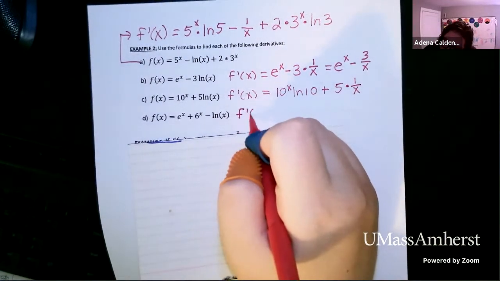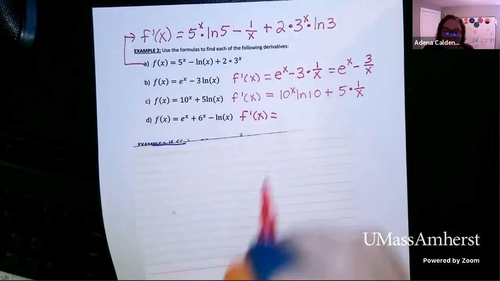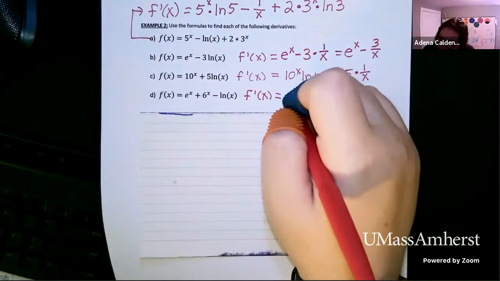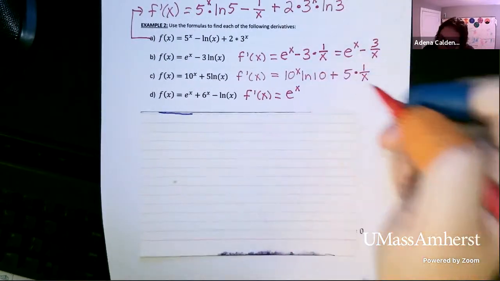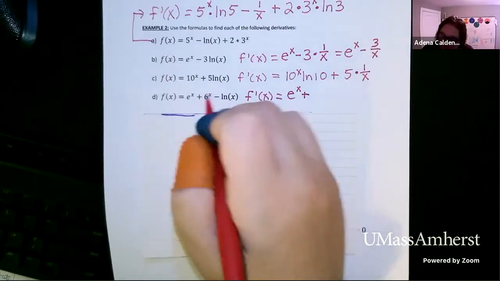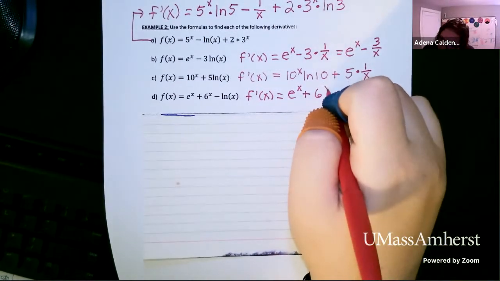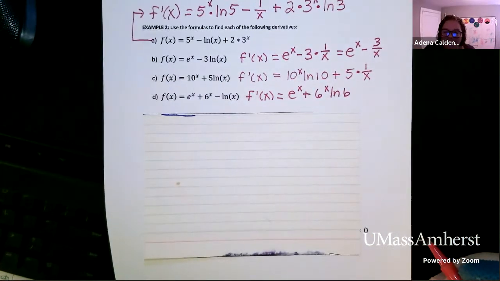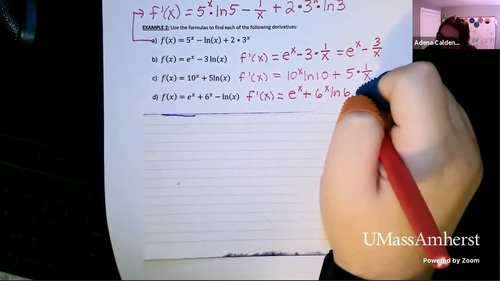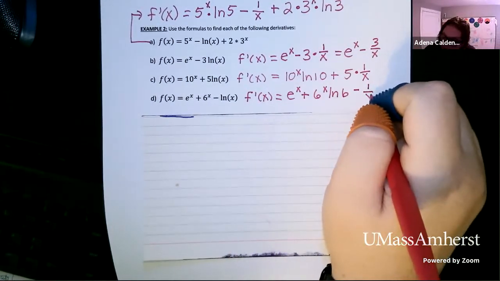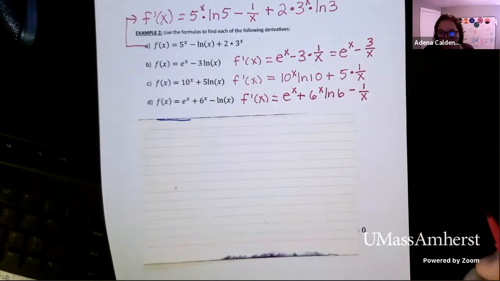For part D, f prime of x, we have e to the x as our first term. The derivative of e to the x is e to the x plus, now the derivative of 6 to the x is 6 to the x ln 6, so times the natural log of the base, minus, now the derivative of the natural log is 1 over x.